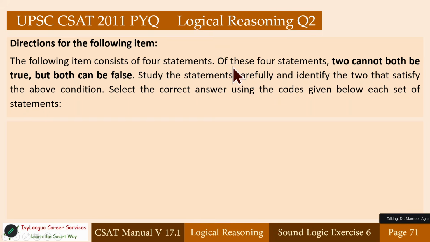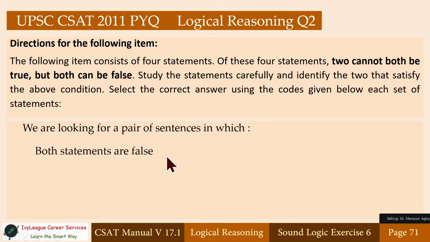And the instructions say of these four statements, two cannot both be true, but both can be false, which means that the only answer which is acceptable here is where the answer has two statements where both the statements are false. As a result, we are looking for a pair of sentences in a particular answer in which both the statements are false. This kind of an answer will give us marks and would be the correct answer.